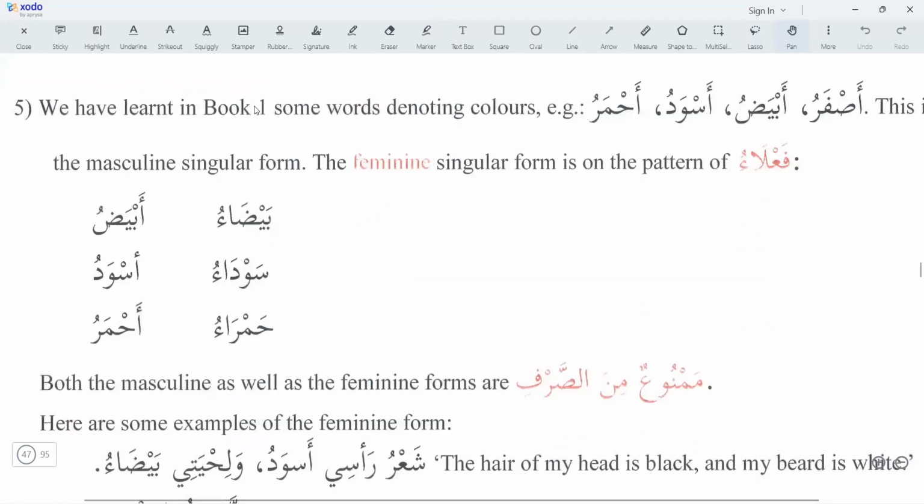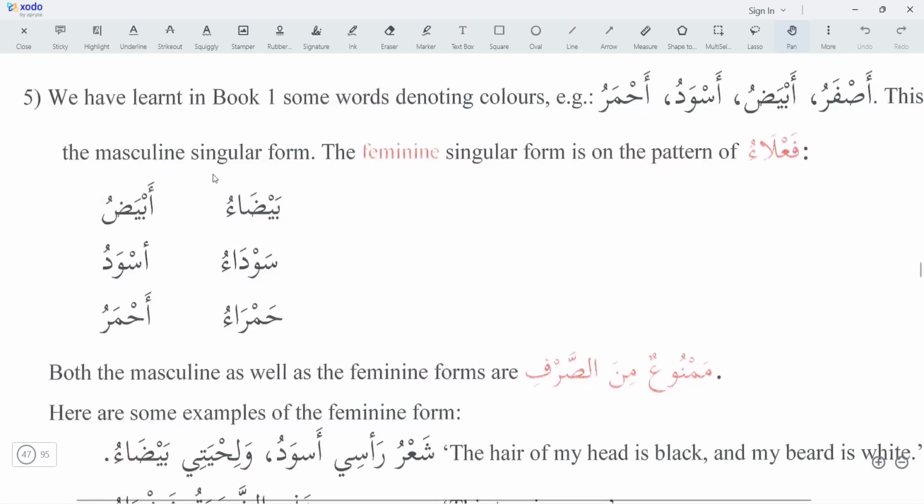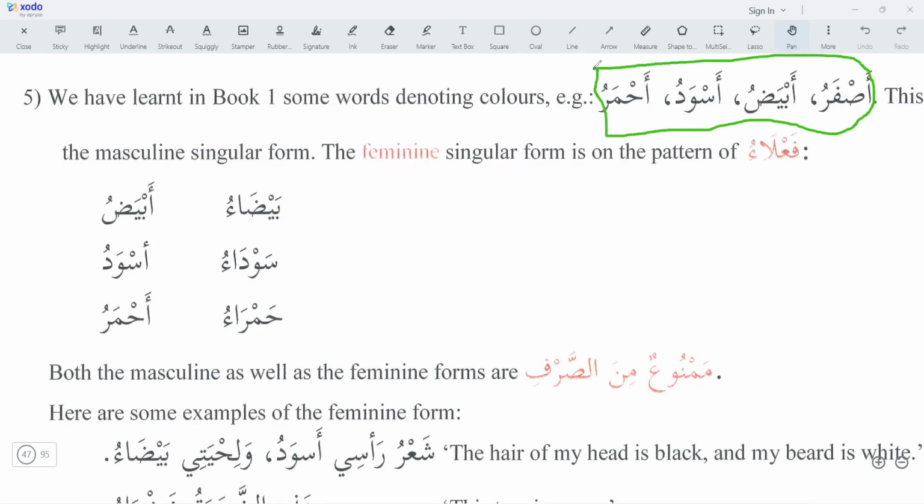Then we have learned in book 1 some words denoting colors: ahmaru, aswadu, abyadu, and asfaru. This is the masculine singular form. Now we will learn the feminine singular form.